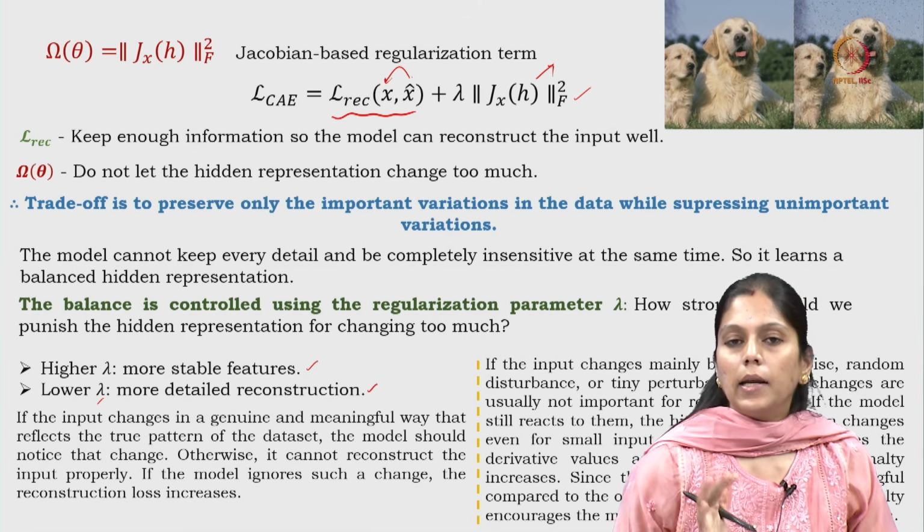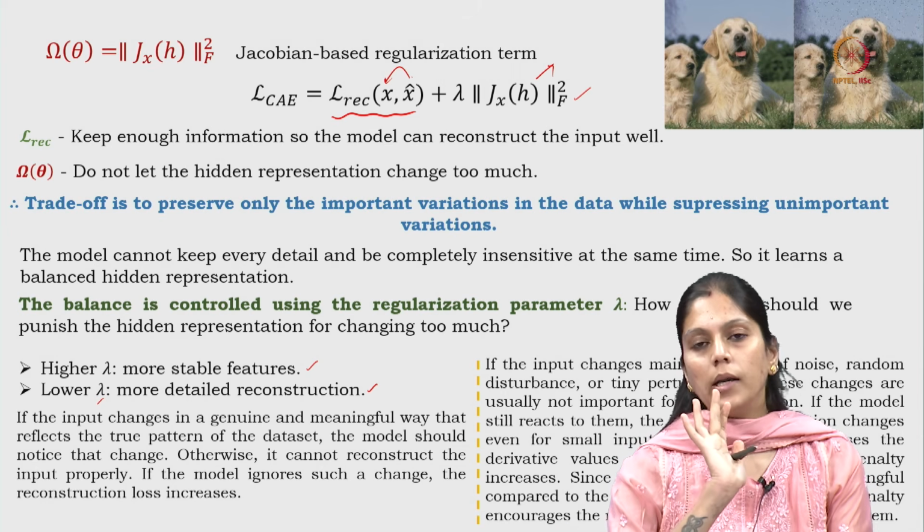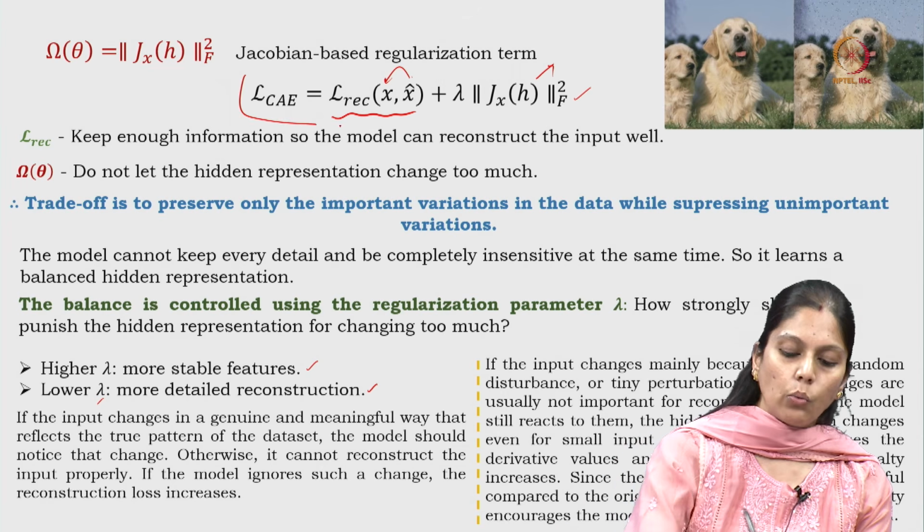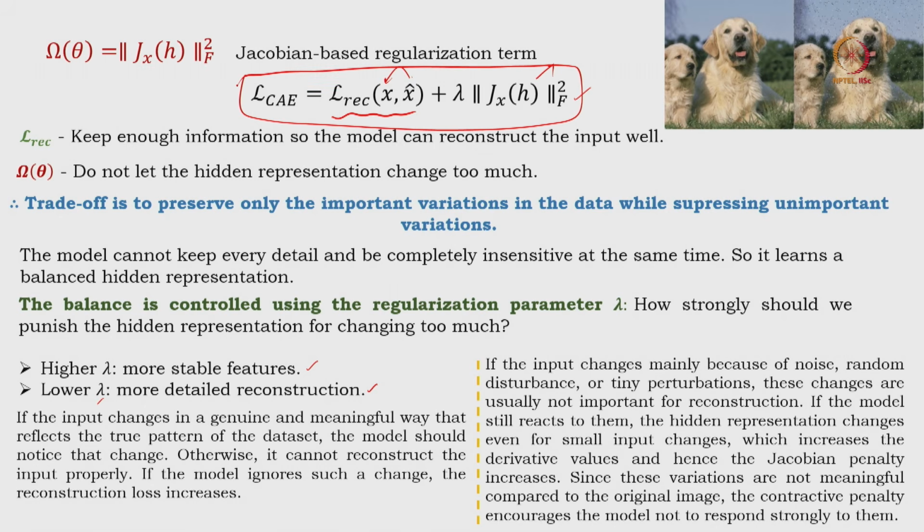So what exactly is this explanation overall, how does the model understand? The model is understanding with just this one mathematical formula. What is this important analogy saying? Whenever there are important features, the hidden representation has to react.